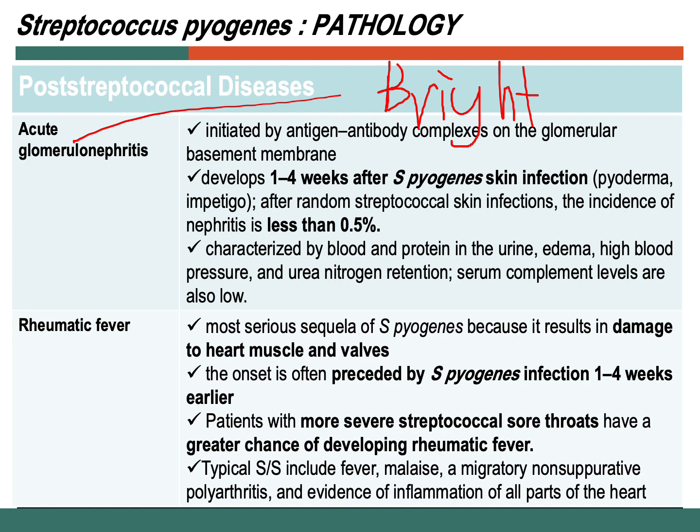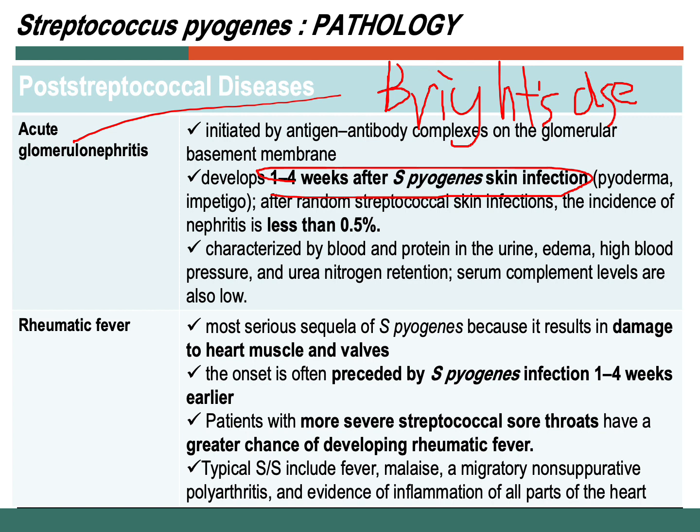These are inflammatory diseases of your renal glomeruli, and primarily it is caused by deposition of antigen-antibody complexes in the kidney. Acute glomerulonephritis happens 1 to 4 weeks after skin infection caused by Streptococcus pyogenes.